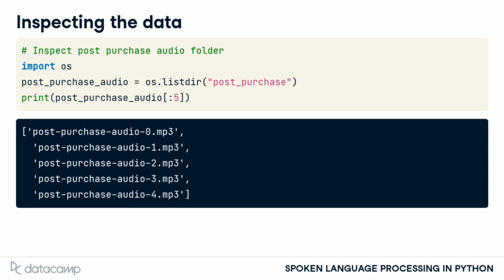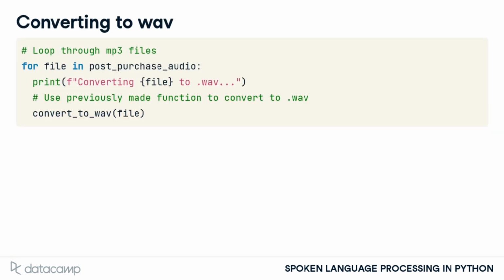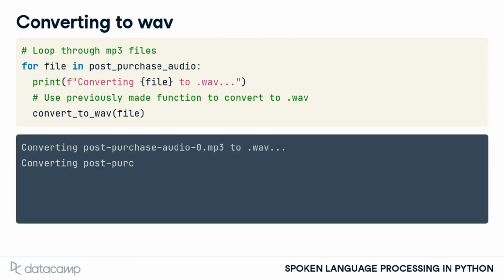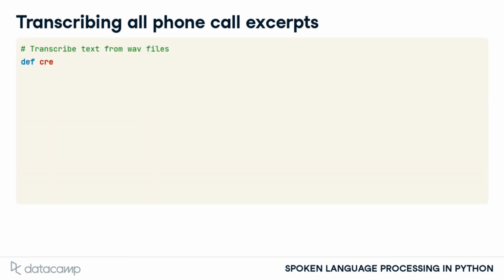Luckily, you built a function to handle this earlier. Using your convert to WAV function, you convert all the files from MP3 to WAV. Excellent! Now they're all in WAV format, you decide to create a function, create text list, to transcribe all of the files in a folder to text. You start with an empty list.